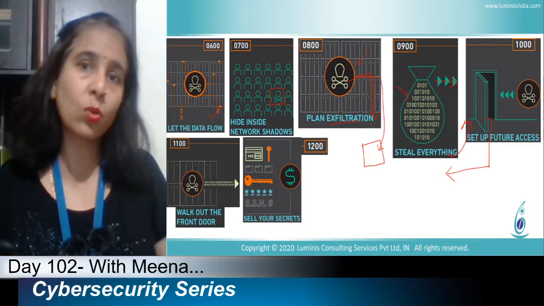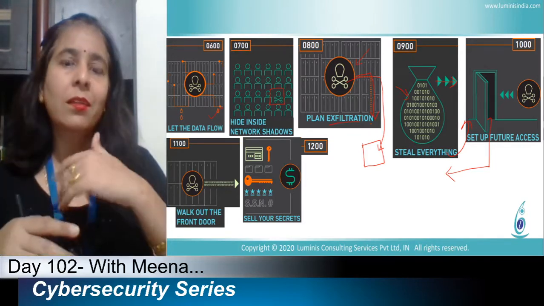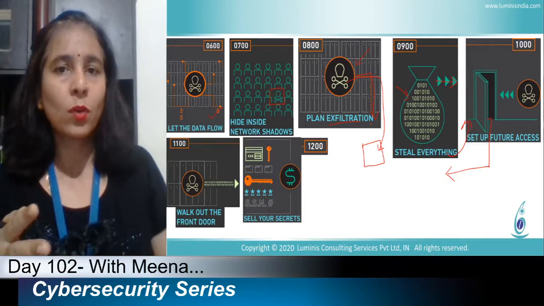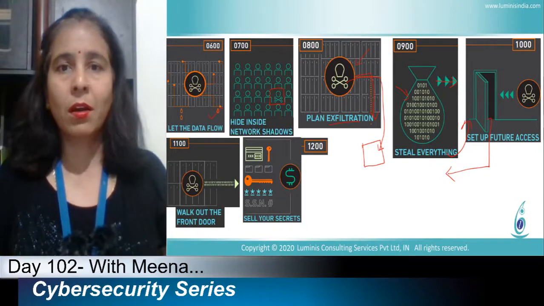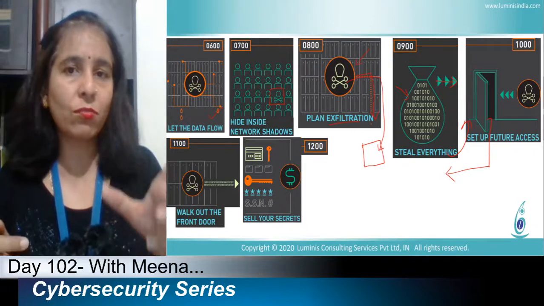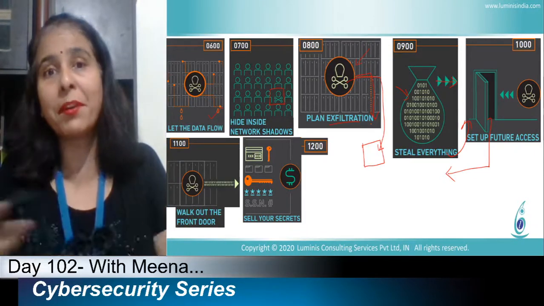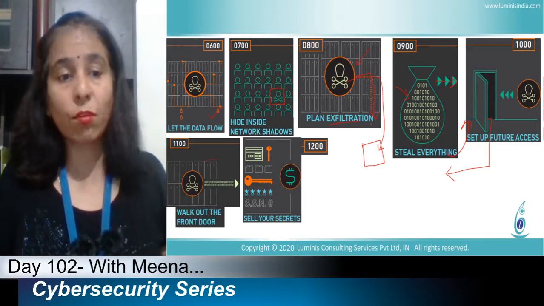So they also remove their footprints, so that the security devices are not able to find out that some kind of attack happened. Because generally, to crack down or find out that some kind of attack happened on an organization takes many days. Okay, so they just walk out.